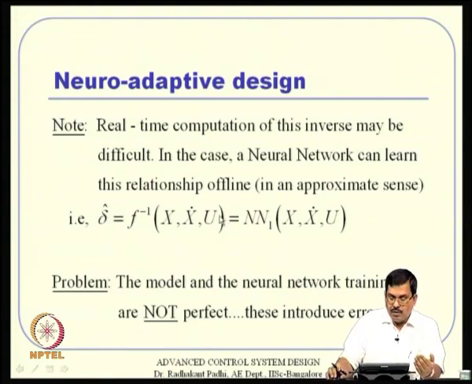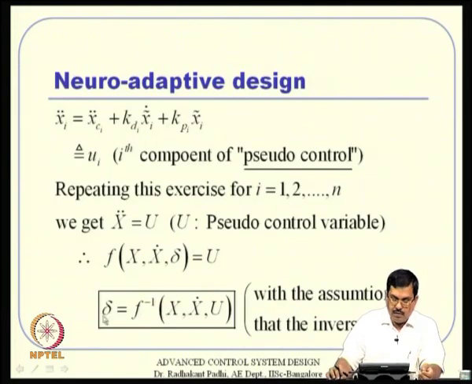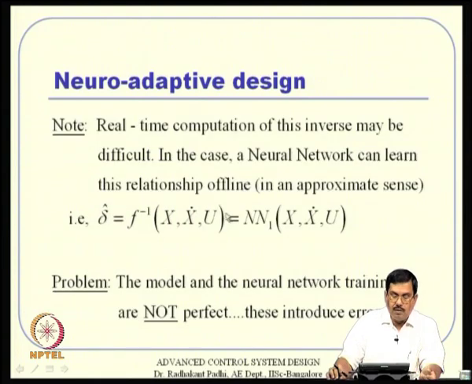Those of you who do not know what a neural network is can think of it as a function approximation tool. So, this is a function delta equal to some function of x, x dot, u, and you can train this neural network a priori with the expected values of x, x dot and so on within the domain that you are interested in, and then the inverse function is directly captured using a neural network.